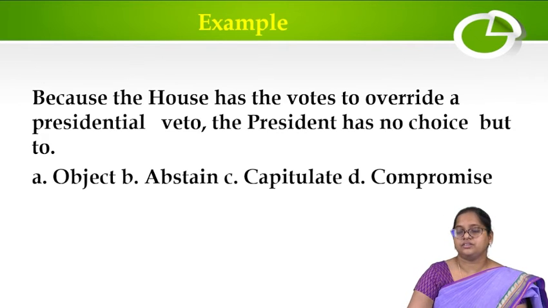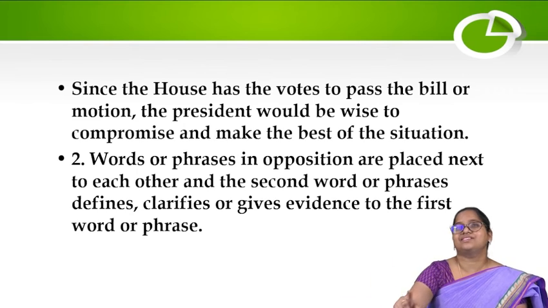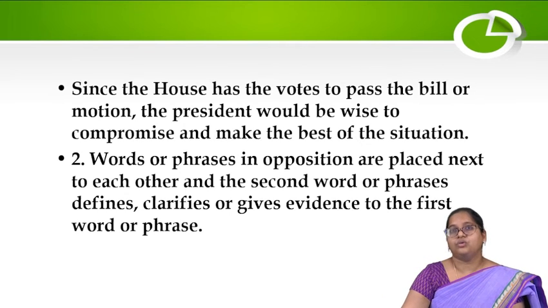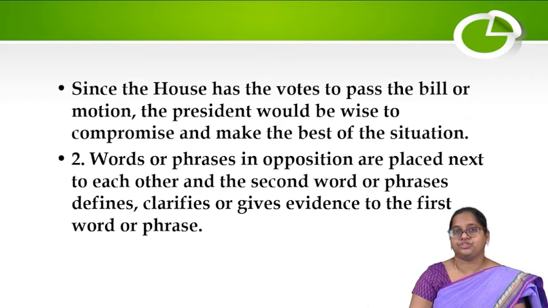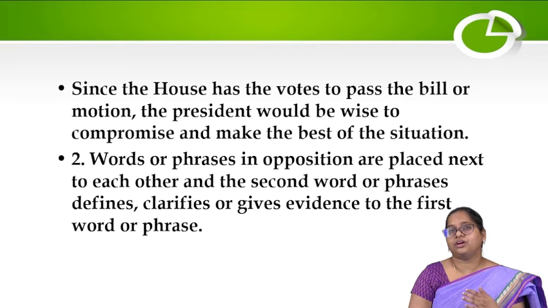So here the answer: because the House has the votes to pass the bill or motion. Bill and motion are different words. A motion is an idea being talked about in parliament or in the House, whereas a bill is the same idea in the form of a rule. Before it is in motion, the idea is not being discussed thoroughly, so it has no existence.